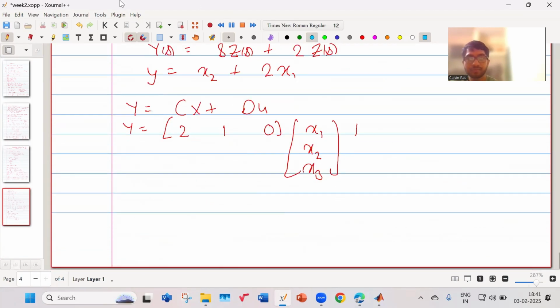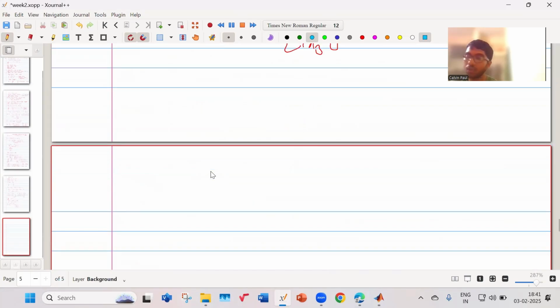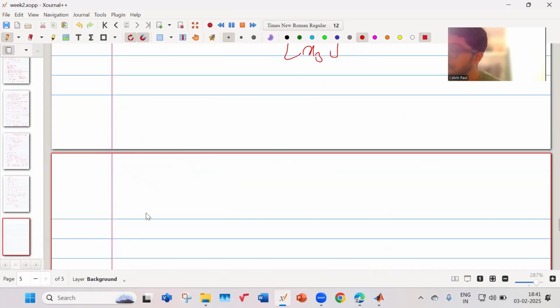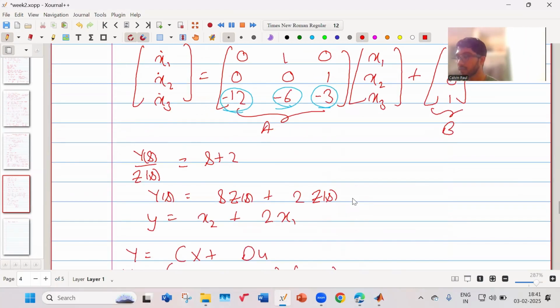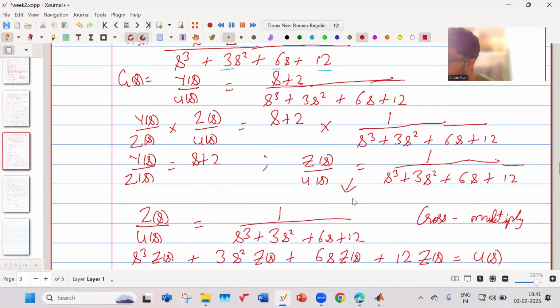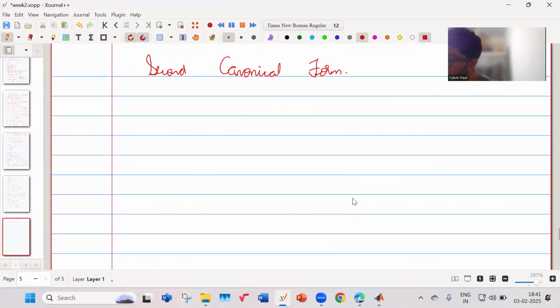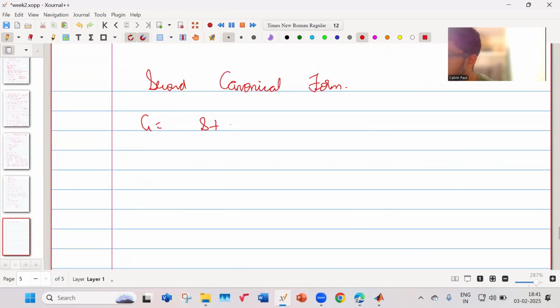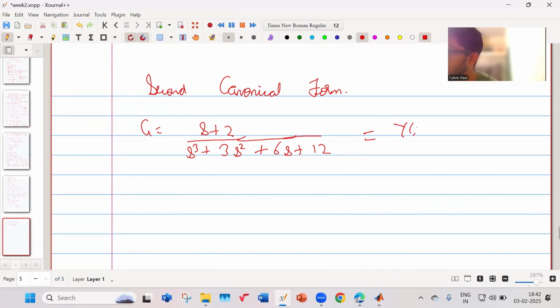So now we have to do the second canonical form. We use the same transfer function. G is equal to s plus 2 upon s cube plus 3s square plus 6s plus 12. So this actually is your y of s upon u of s, right?